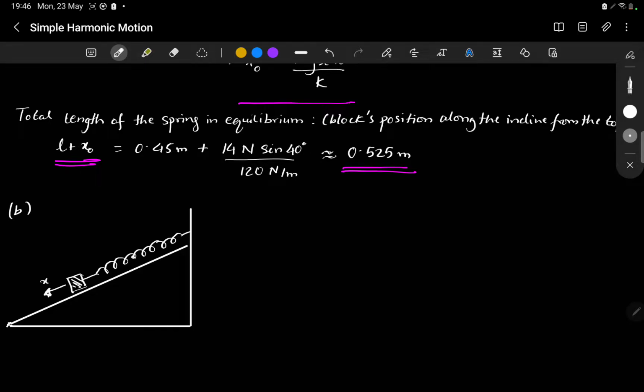We want to displace the block, and this is the equilibrium length, so this is L plus x naught, this distance right here, and from here we want to displace the block to a new location. Let me redraw it. We want to displace the block to a new location over here, and this is x distance or displacement. In this situation, we need to find out the time period.